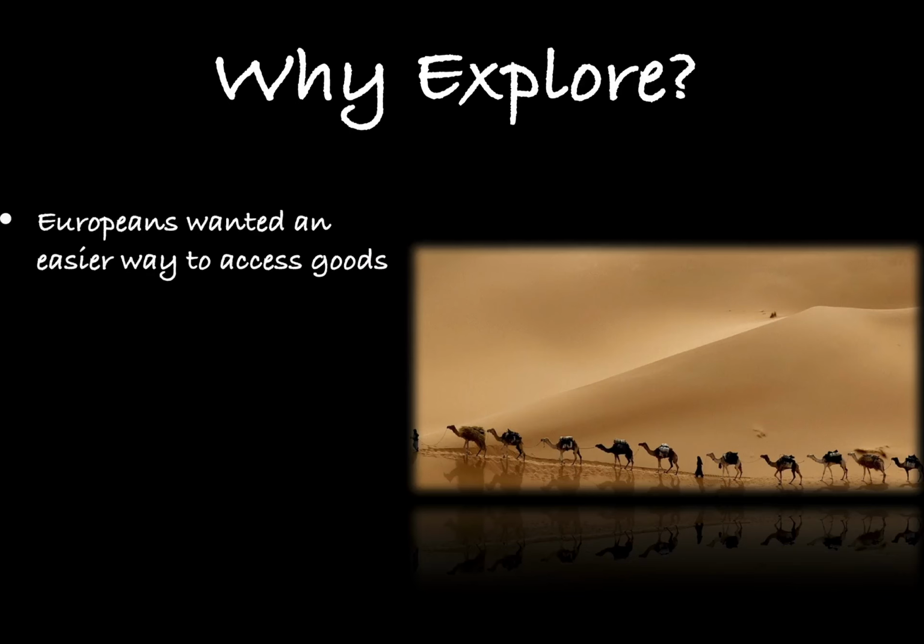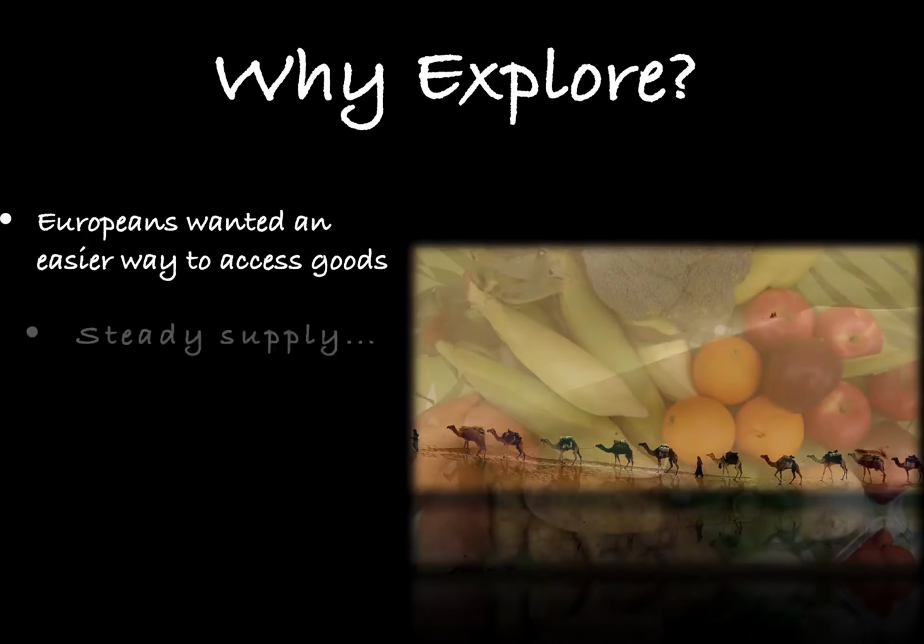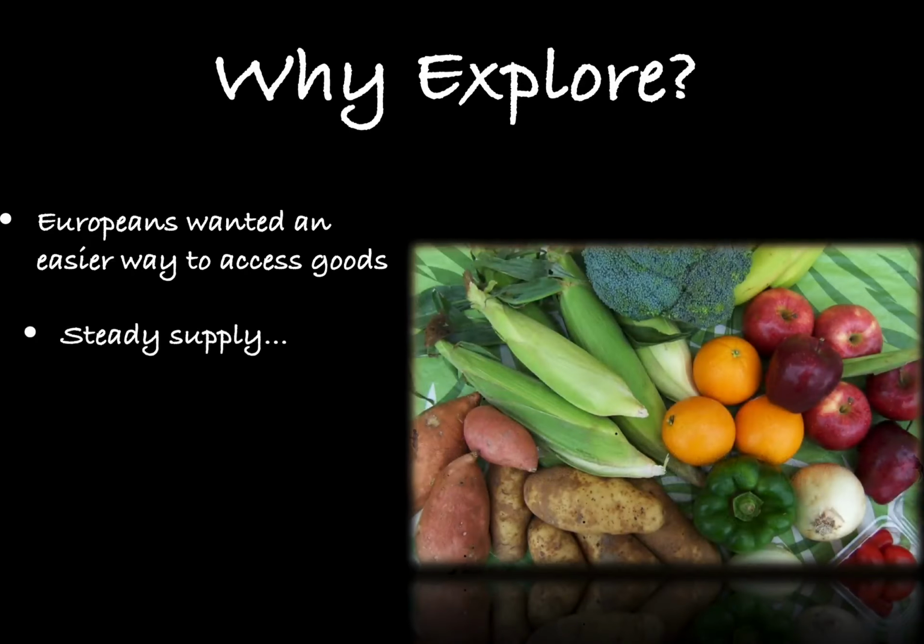Another reason is that Europeans simply wanted an easier way to get those goods. Okay? Because if I have a steady supply of a product, be it fruits and vegetables, which are up there, be it gasoline, which we all have to put in our cars, be it wood so we can build houses, be it whatever, if I have a steady supply of that good, that's going to mean I can pay lower prices.